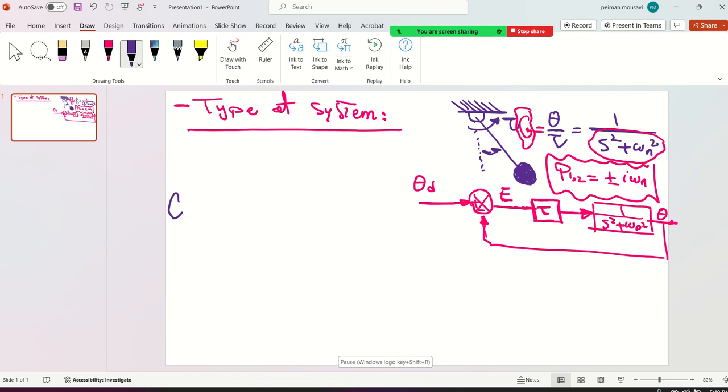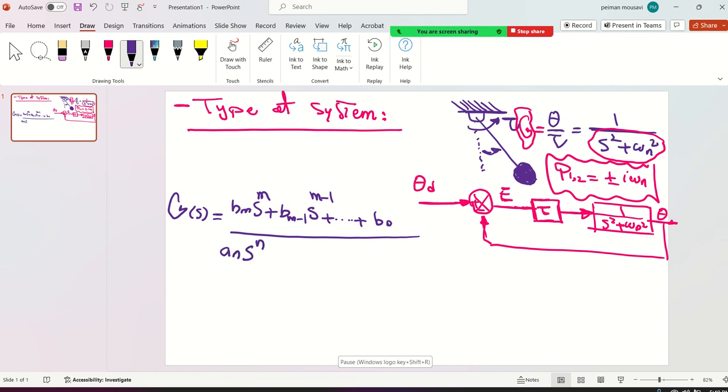Generally speaking, if your open loop transfer function G is Bm s to the power of m plus Bm minus 1 s to the power of m minus 1 plus, finally, B naught, over an s to the power of n plus an minus 1 s to the power of n minus 1, and so on down to a naught, now you tell me, how many poles do we have here?